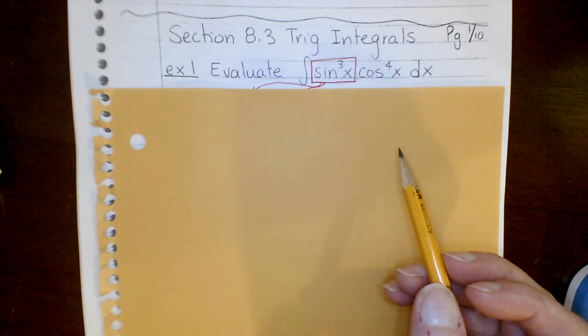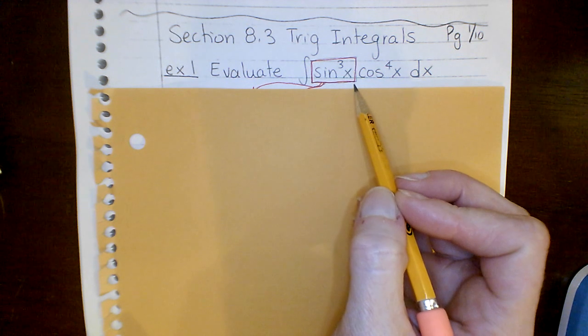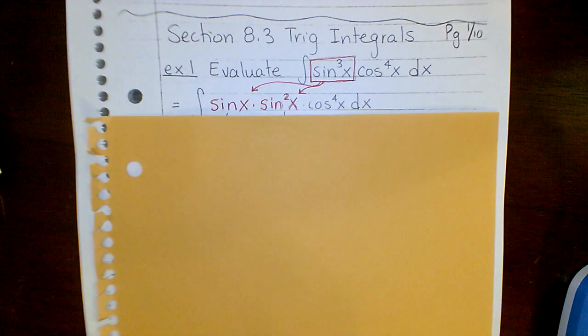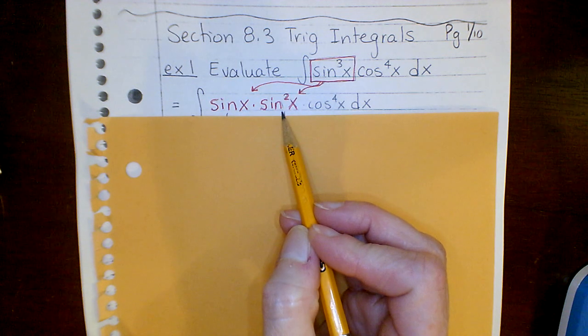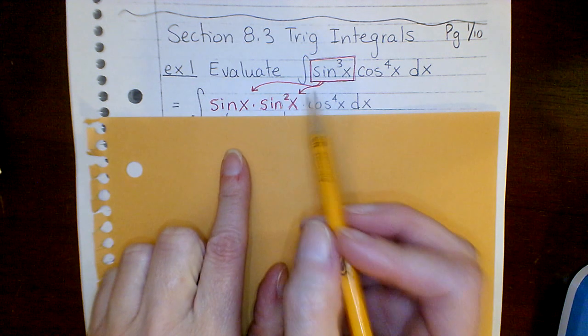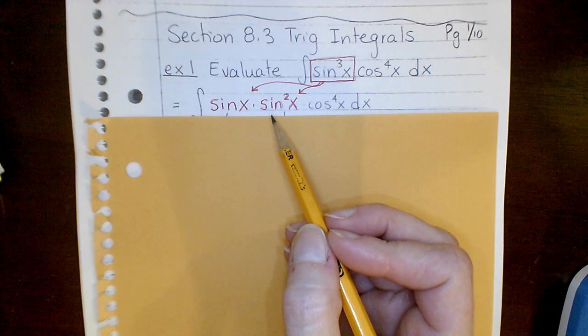So let's just look at this odd power here of sine. We can break this up into sine times sine squared. Now the good thing about doing that is that this sine squared, we can use a Pythagorean identity.